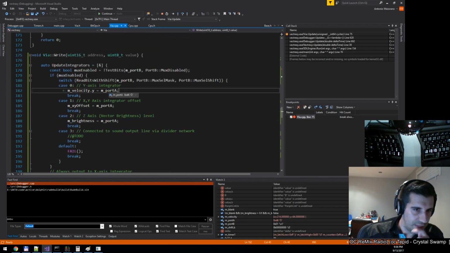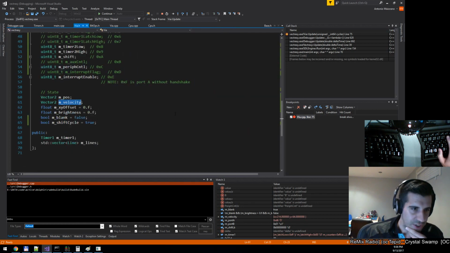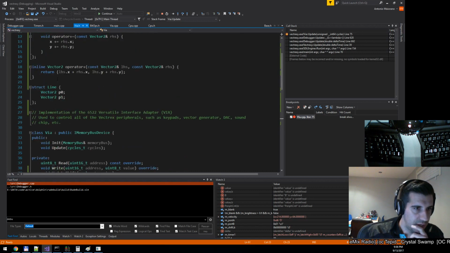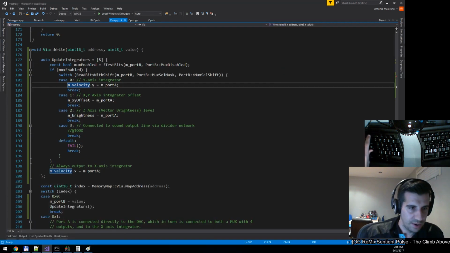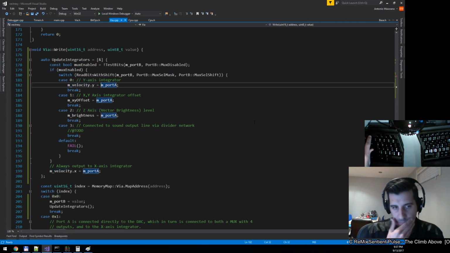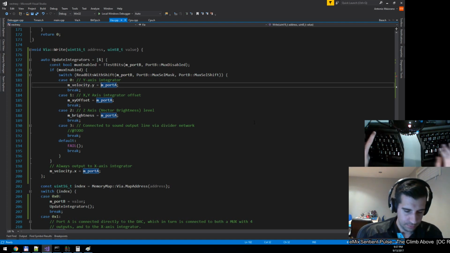So you see it has to do with this here. When we store into velocity, the velocity is basically a vector 2 of floats. But what we really want to store in here is a signed value, because this is actually unsigned.